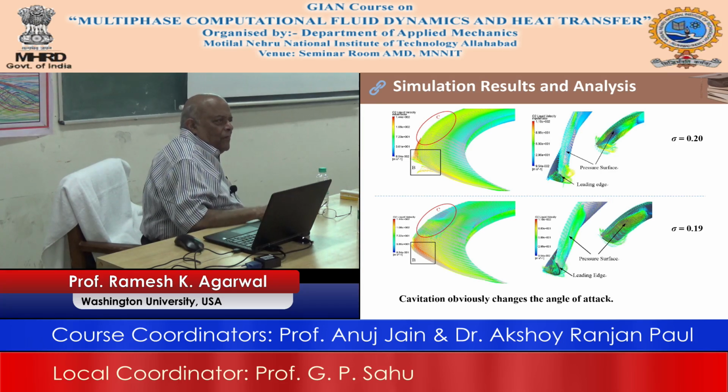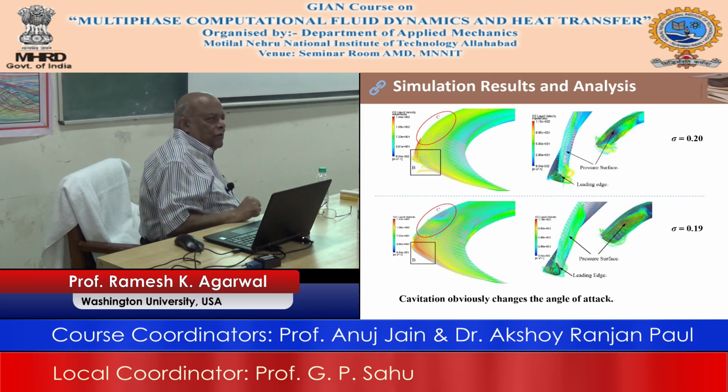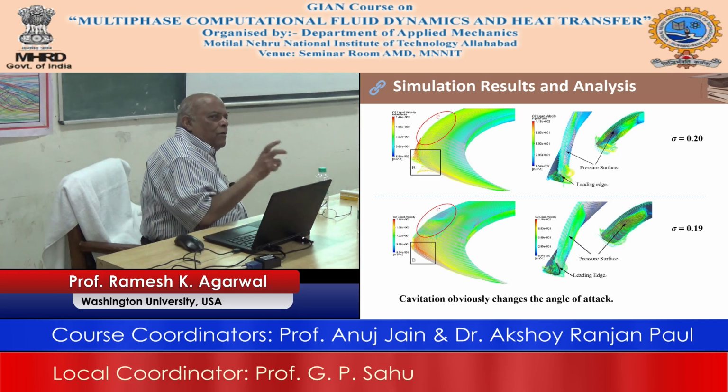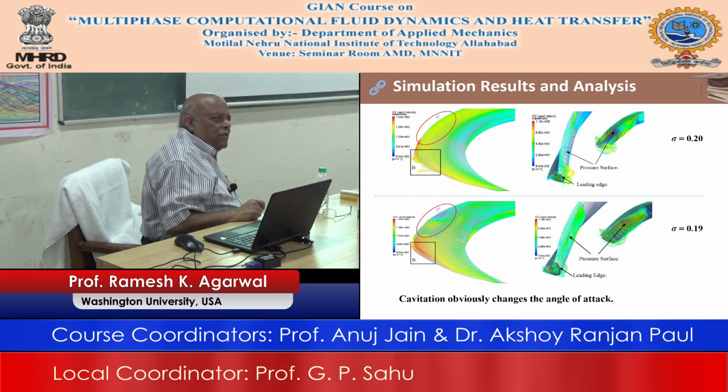So if you take the gradient of velocity as a simple measure, it somehow captures where these gradients are largest, and that is where the vortex is.